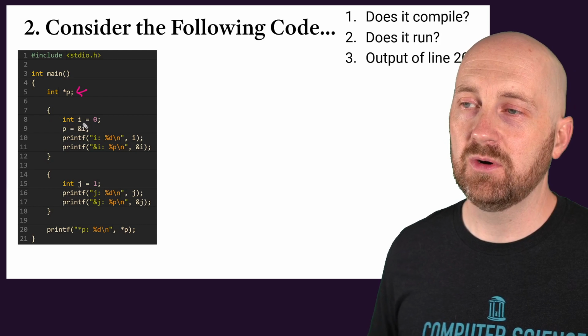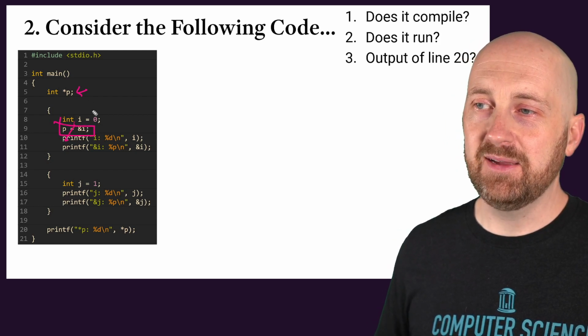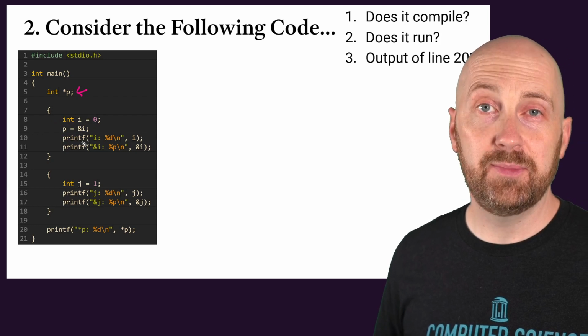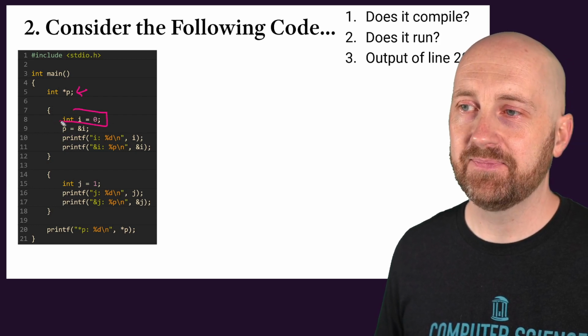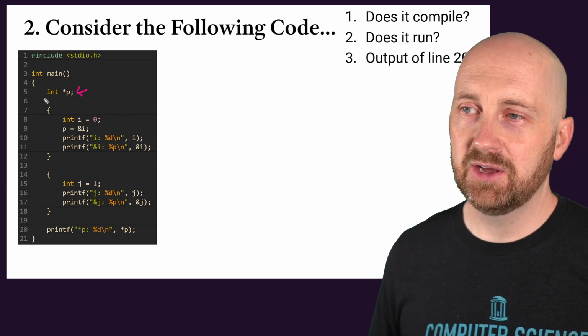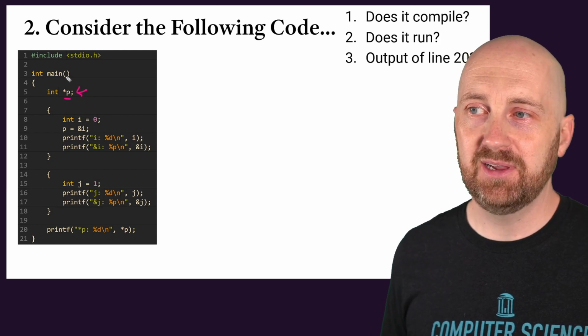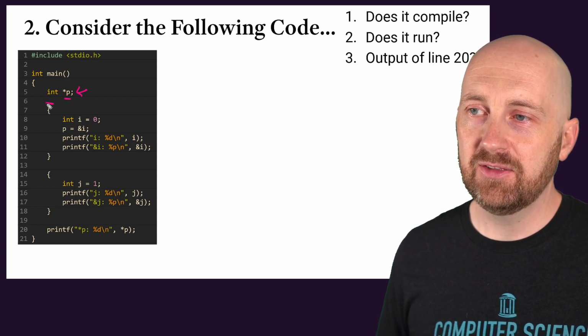So what happens here? Well, we initialize i to be 0, and then we say, okay, the pointer p is going to be assigned the address of i. Now, this should already be setting off some warning flags. Notice that the scope of p, where we can access p, is greater than the scope of i, right?